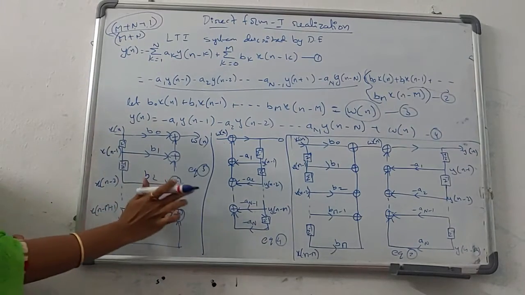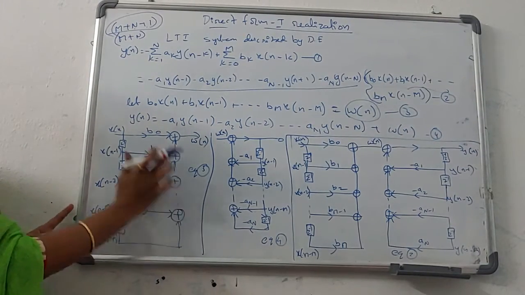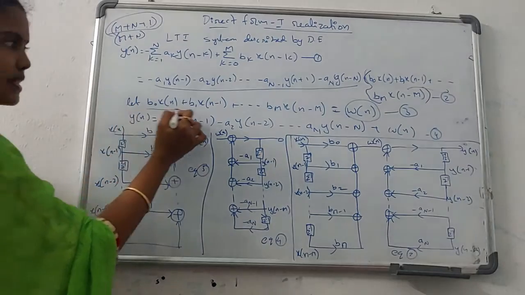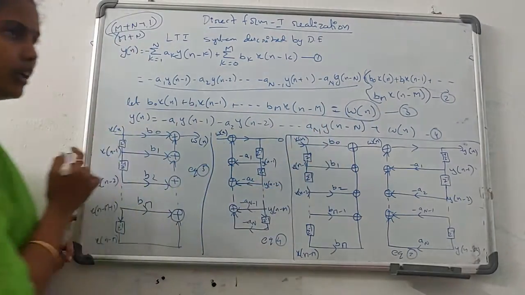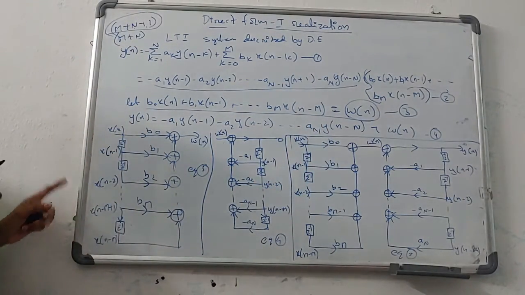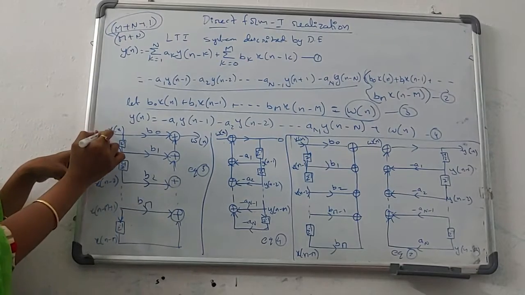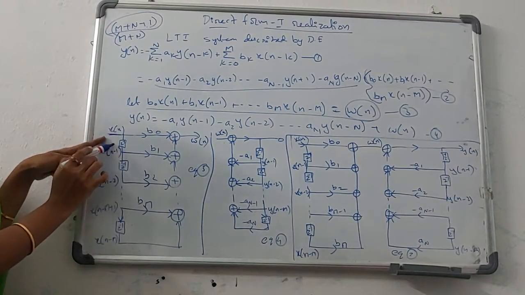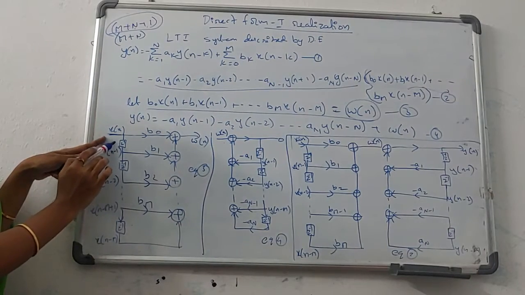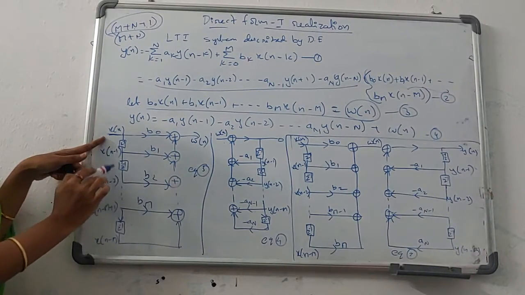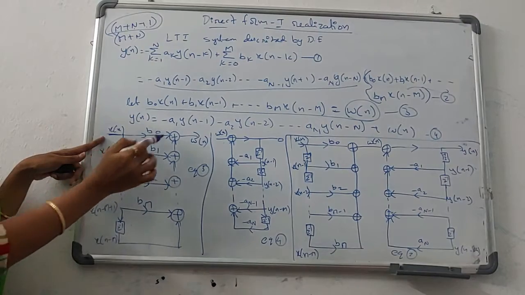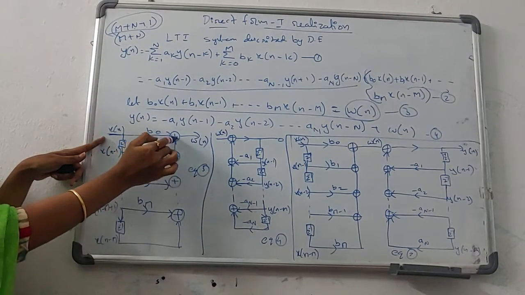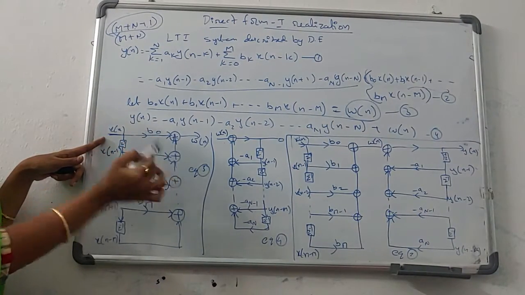First, realize equation 3. How to draw the structure? This is the input x of n, which goes through some delays. Delays are represented as z inverse, and plus indicates summation.